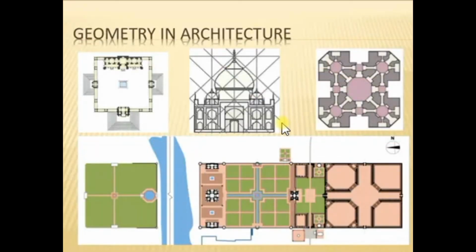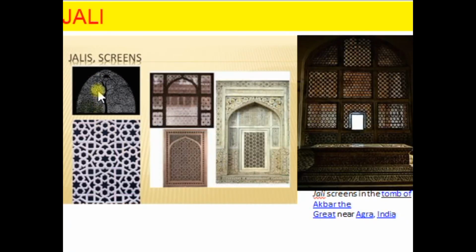These are other examples of mirroring or symmetric works in Indo-Islamic architecture. This one is Jama Masjid. This is Taj Mahal in elevation or in plan.